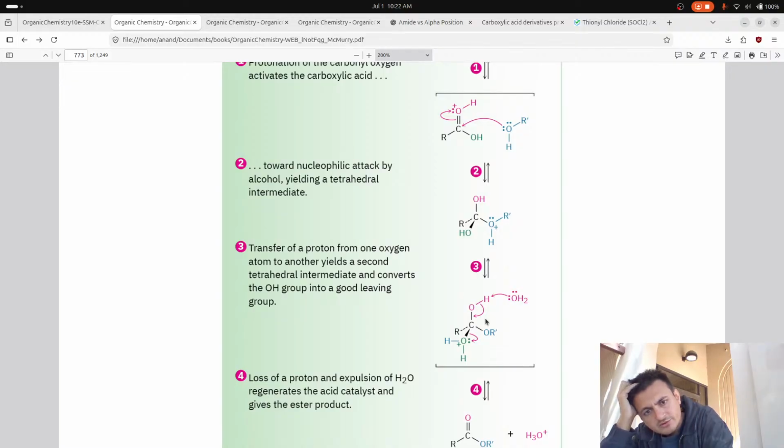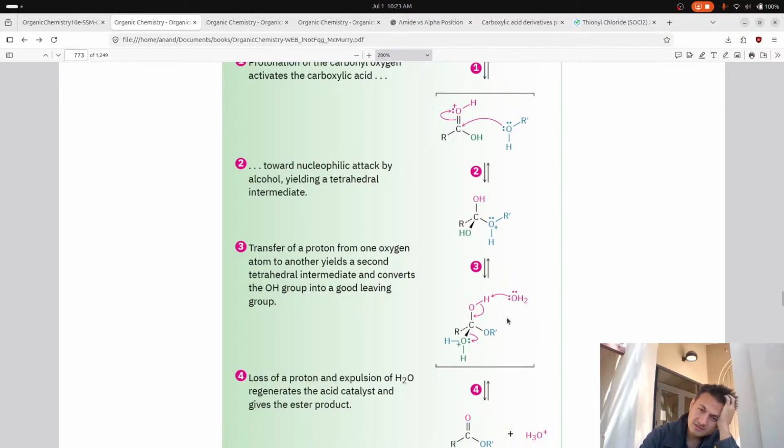Transfer of a proton from one oxygen atom to another yields a second tetrahedral intermediate and converts the OH group into a good leaving group. Oh wait, no, wait.